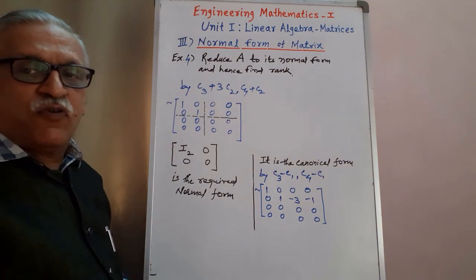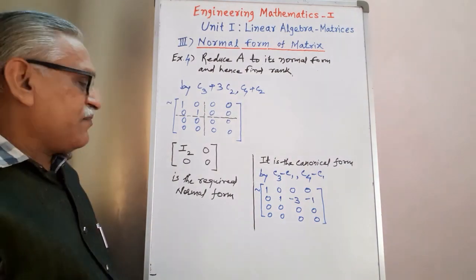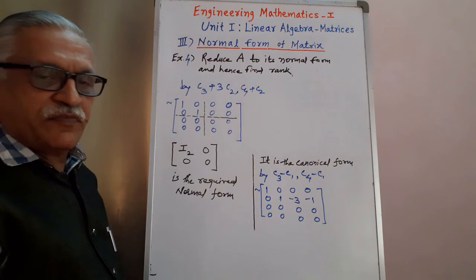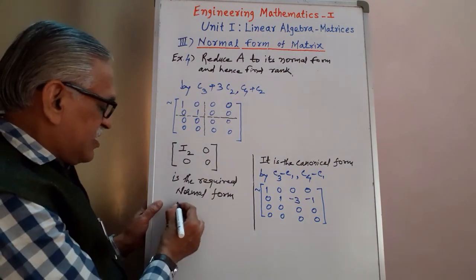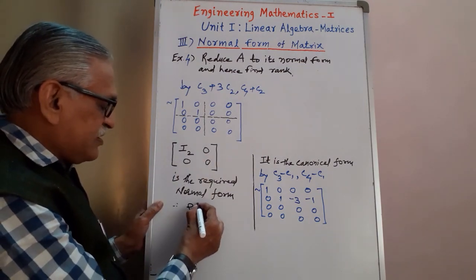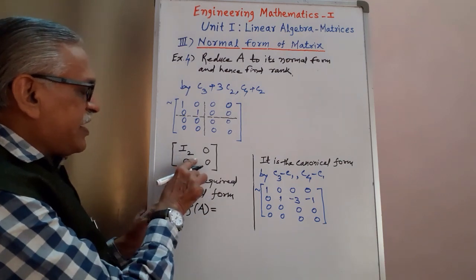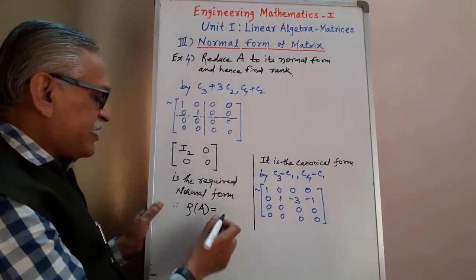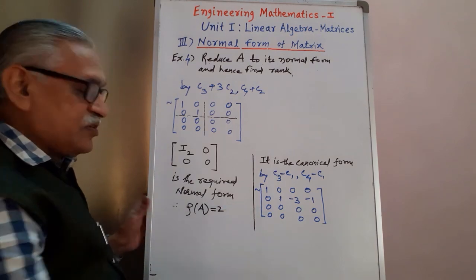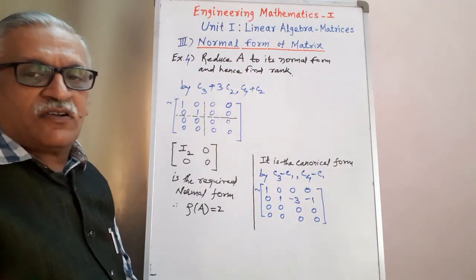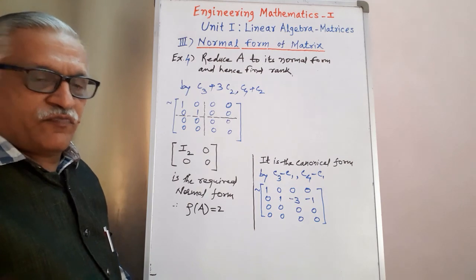This is the fourth type of normal form as per the definition. And the answer for the second part: the rank of matrix A is the order of the identity matrix. Here the order of that identity matrix is 2, and therefore the rank of this matrix is 2.